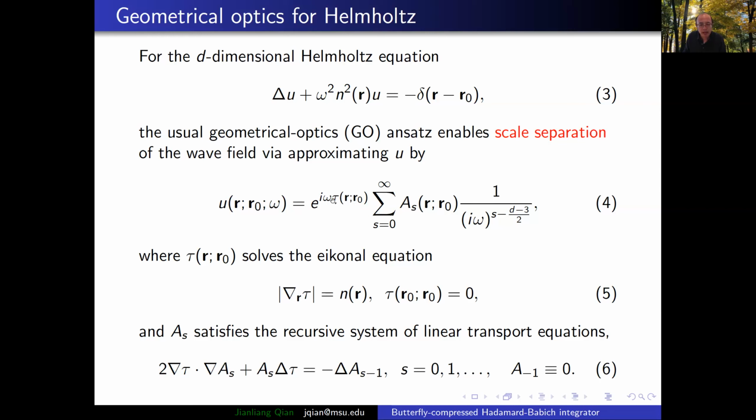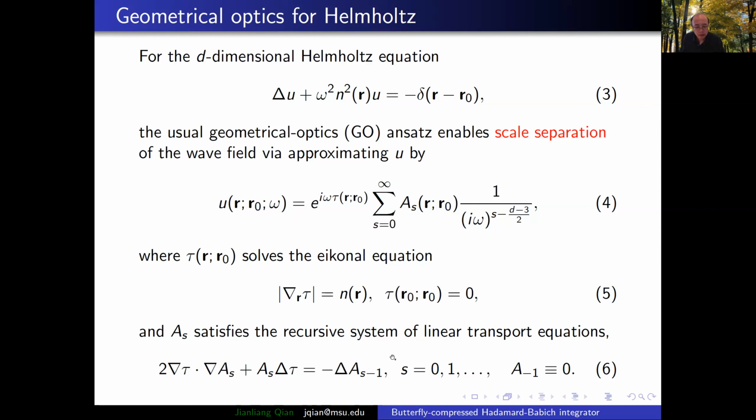You see we have the oscillation omega separate from this tau; the exponential function depending on omega and tau captures the oscillation. Then the amplitude-related term modulates those oscillations. Using the ansatz, we end up with two equations: one is an eikonal equation for the travel time or phase function, associated with a point source condition, and then a transport equation for the amplitudes.